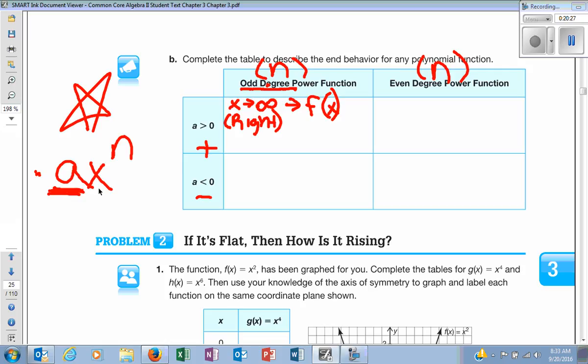It's going to be going to infinity. And as my x is going to negative infinity, my y is going to be going to negative infinity.